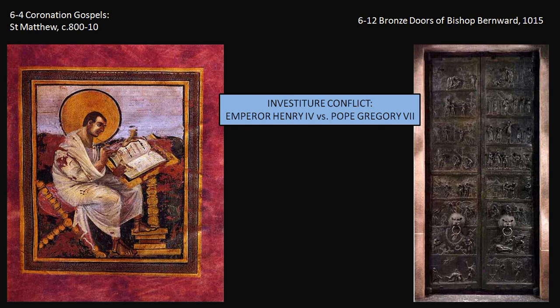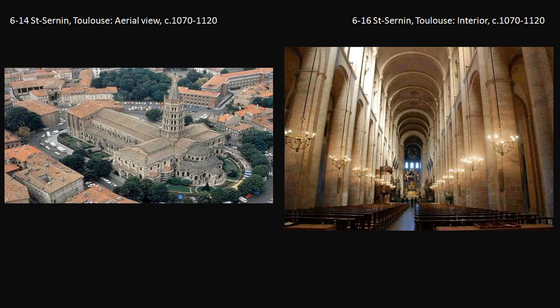It's the shift of power away from the empire and to the papacy. And what we begin to see as we look at buildings and works of art during this time is that churches use architecture and sculpture to proclaim their power, to proclaim their domination over Europe.